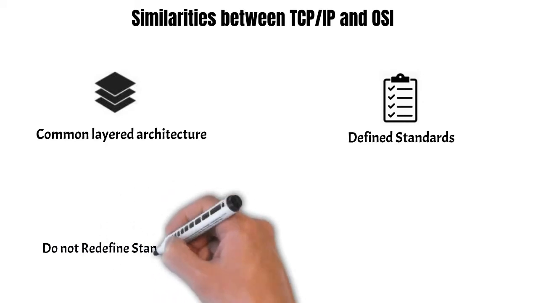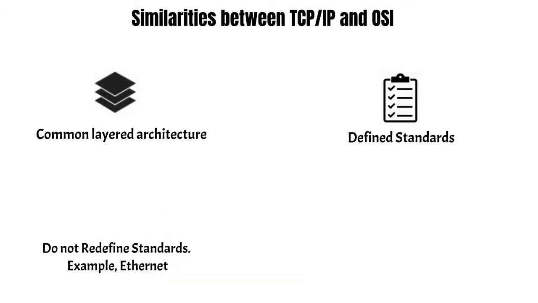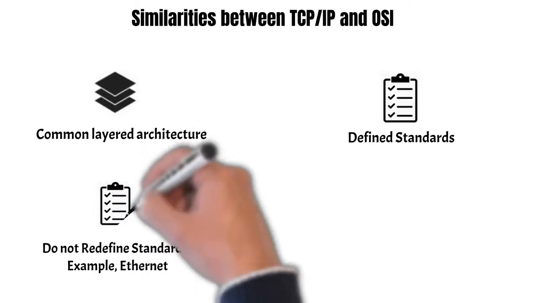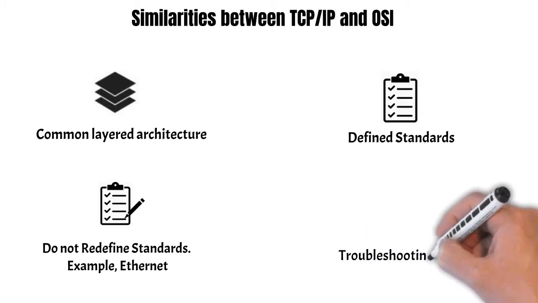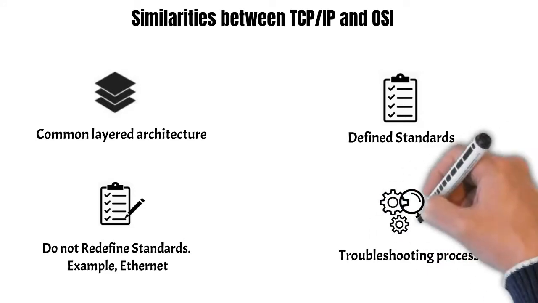The standards and protocols which are already predefined, these models do not redefine them. They just reference or use them. For example, the Ethernet standards were already defined by IEEE before the development of these models. Instead of recreating them, the models use these predefined standards. Both the models have simplified the troubleshooting process by breaking complex functions into simpler components.